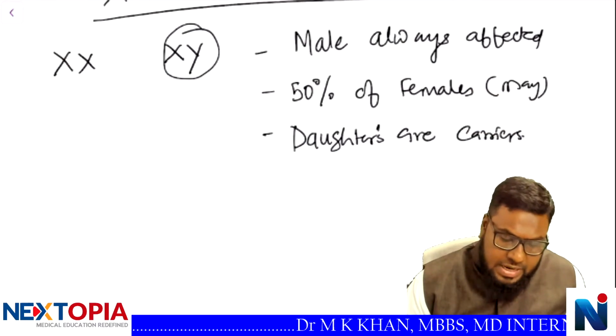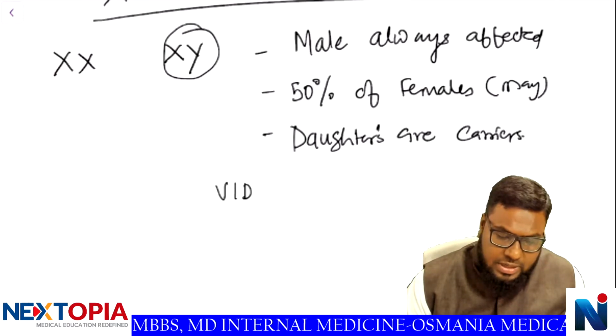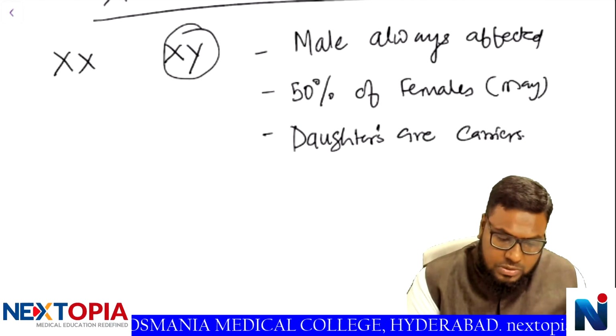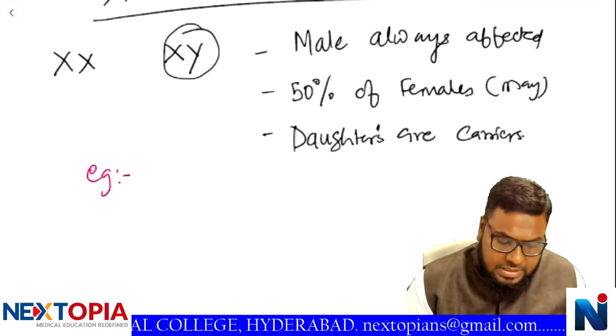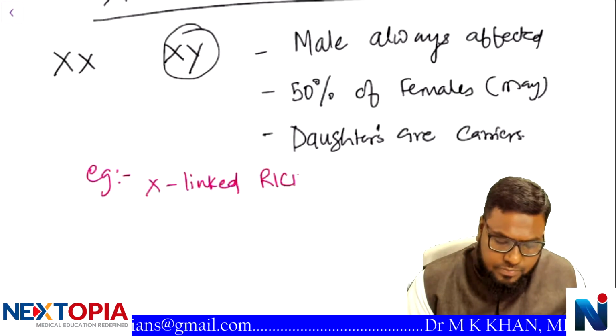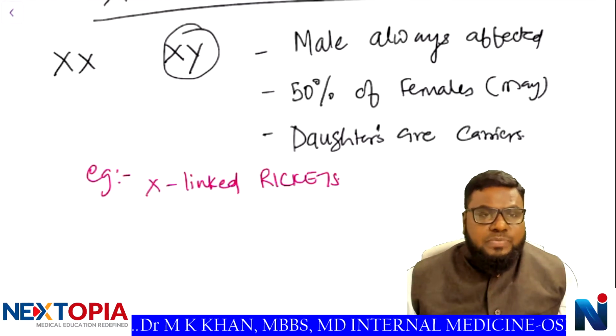The examples here are X-linked disorders. Example is X-linked vitamin D disorder, that is X-linked rickets we call it. There are many examples I'll discuss when I'll be discussing pathology.